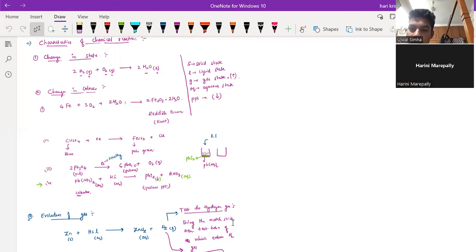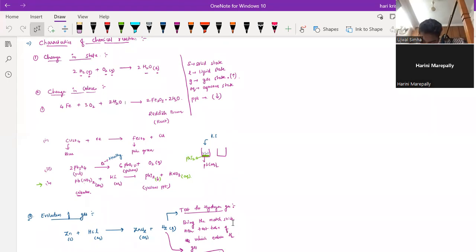Then what is that metal oxide? First you have to identify, right? Metal oxide with black color. Any guess? Copper oxide. So like that you have to identify.